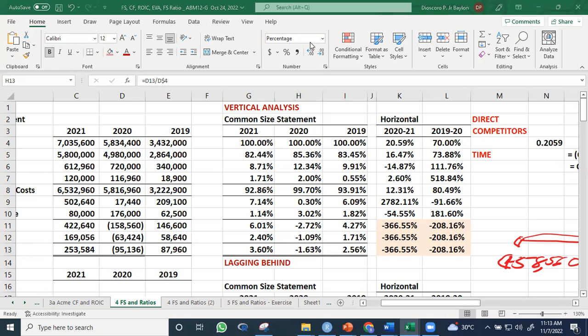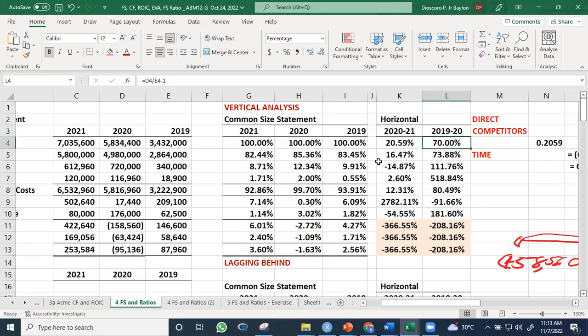Okay, and then we also have the horizontal analysis. And the horizontal analysis takes into consideration the time element because it compares the growth rate, the growth between two consecutive periods. For example, what does this figure 2019 to 2020, what does this 70% mean?